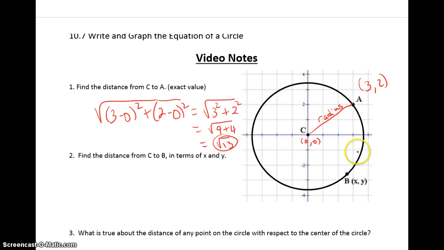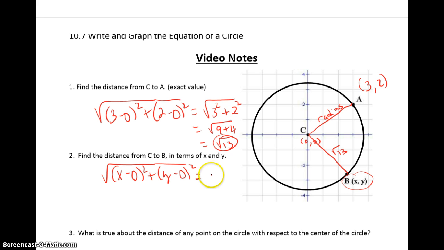Now what we're going to do to find the equation is take any generic point on the circle, we'll call it B, and we'll call that point x, y. And so the distance from the center to B should also be square root of 13. Well, if we do the distance from B to C, we can calculate x minus 0 squared plus y minus 0 squared. And we'll simplify.